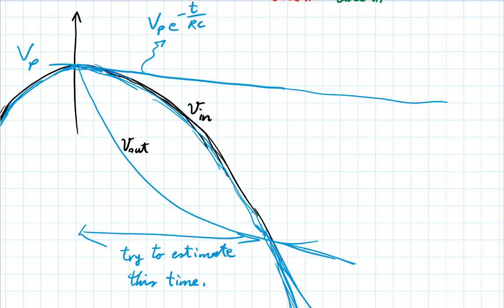And so what happens then is, imagine the input has gone down just a little bit. This is kind of a mental exercise because these things are all happening at once. The output will immediately have followed.